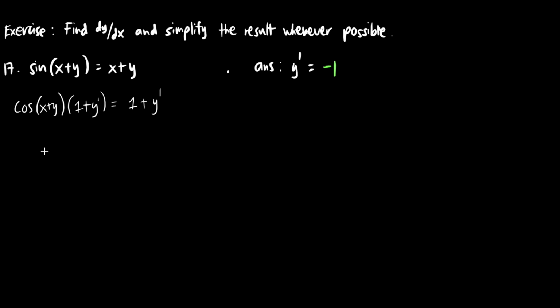So we have cosine of x plus y, plus y prime cosine of x plus y, is equal to 1 plus y prime.